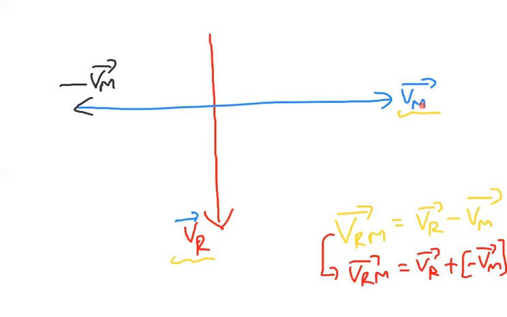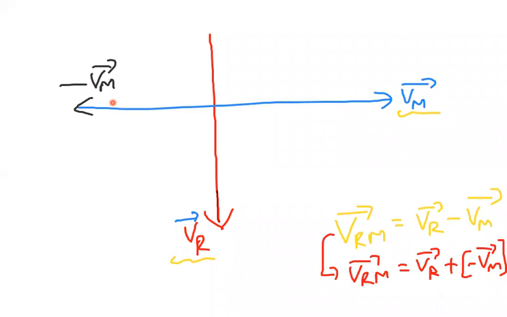Now, why did we select minus Vm bar? Because Vrm bar, the relative velocity of rain with respect to man, is nothing but rain velocity plus the negative of Vm bar. So here Vm bar is in this direction, which means exactly opposite it is minus Vm bar.